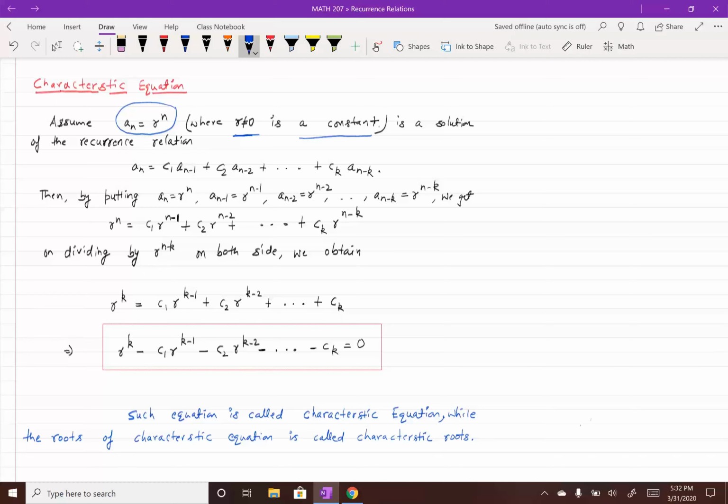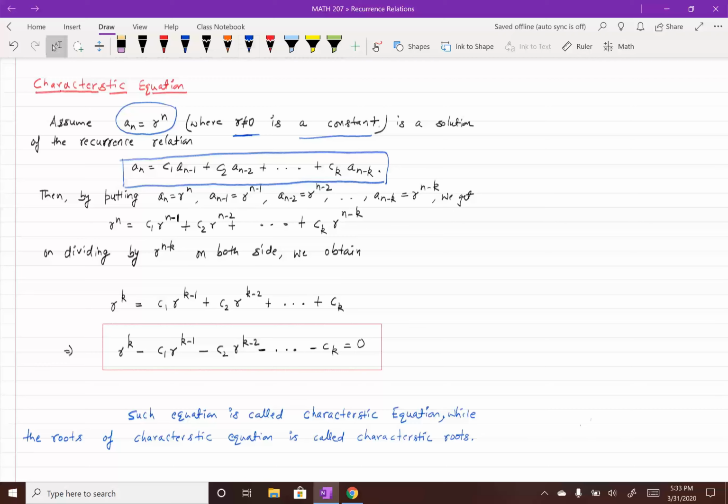is a solution of the homogeneous linear recurrence relation of degree k with constant coefficient, which is given here with this expression, where a of n can be written as c1 times a of n minus 1 plus c2 times a of n minus 2 all the way up to ck times a of n minus k.